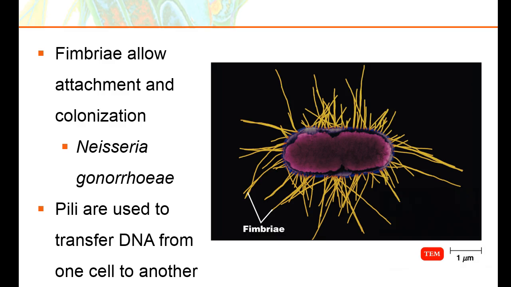So think about this. Microbes are not selfish. They are not stingy. If I'm a microbe and you're a microbe, and I see that I am penicillin resistant, which means that penicillin doesn't do anything to me, but you are penicillin susceptible, which means that it will kill you, I can isolate that gene for penicillin resistance, and I can copy that, and I can form that pilus and transfer that right into you.